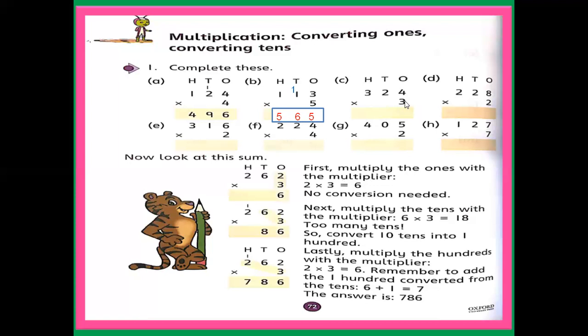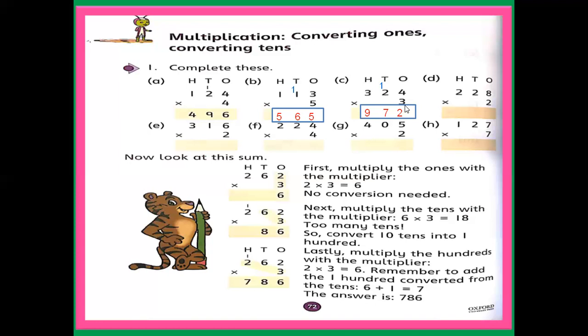C part. 3 fours are, read the table of 3. 3 ones are 3, 3 twos are 6, 3 threes are 9, 3 fours are 12. So write 2 here, and 1 will go to add into tens. So again, multiply 3 with 2. 3 ones are 3, 3 twos are 6 plus 1, 7.